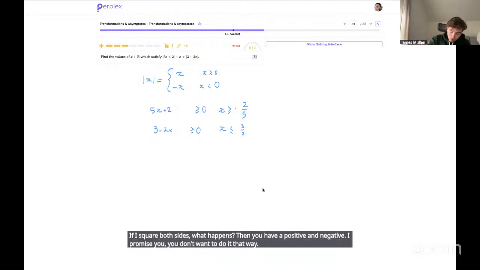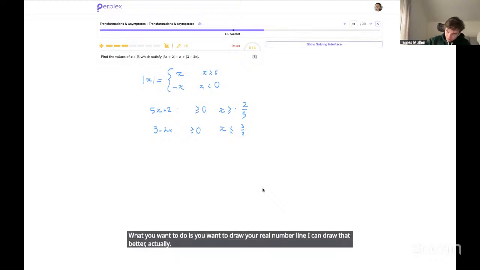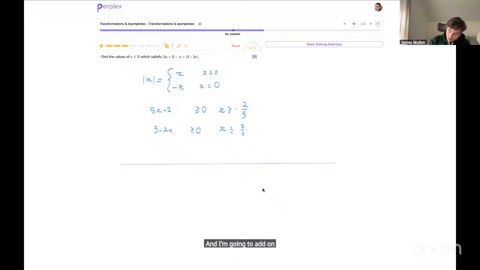What you want to do is draw your real number line. I can draw that better, actually. Draw a real number line, and I'm going to add the ticks at minus 2 over 5 and 3 over 2. And then I'm going to write underneath basically the intervals.